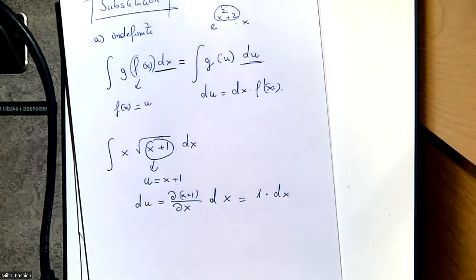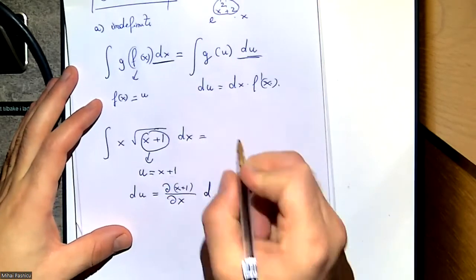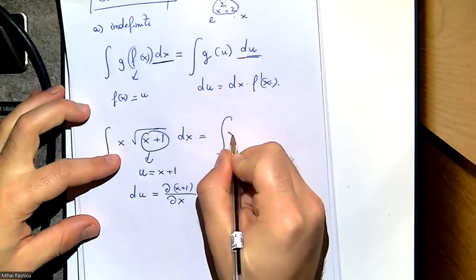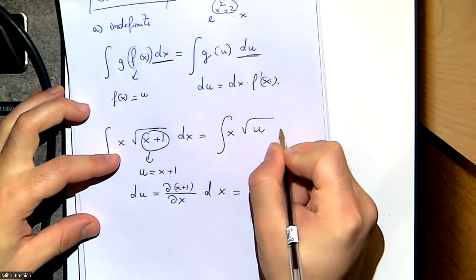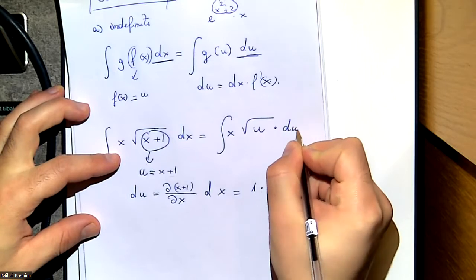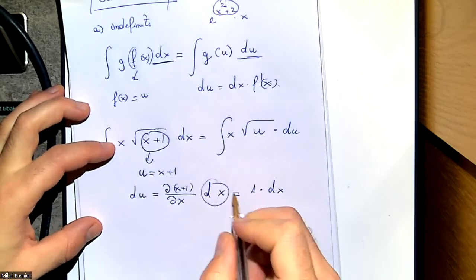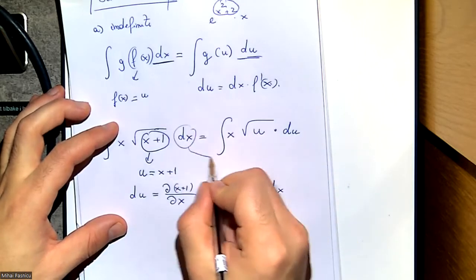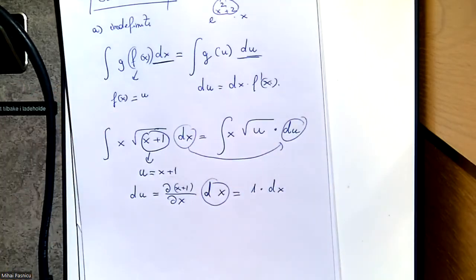Okay, so now I can change this as an integral. So we're gonna do it step by step. Square root of u. Instead of dx, I put du. Now, is this writing correct? Am I done with the change?